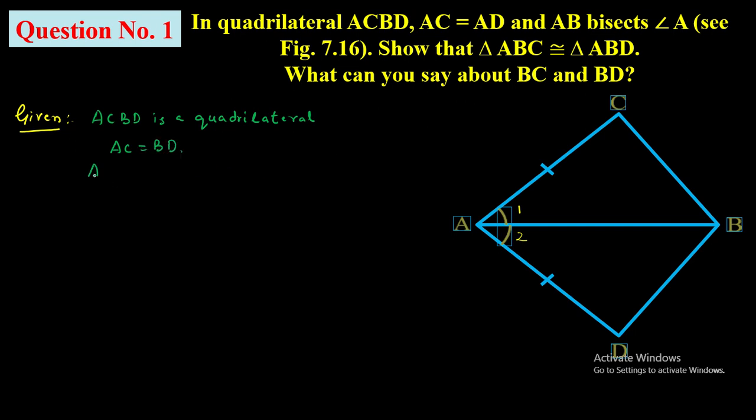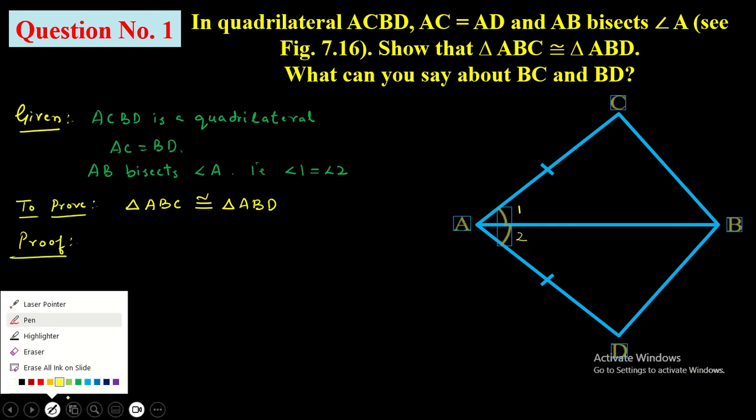Also, AB bisects angle A. That is, here we named them as angle 1 and angle 2. That is, angle 1 is equal to angle 2. Now we have to prove that triangle ABC is congruent to triangle ABD. Let's prove it.